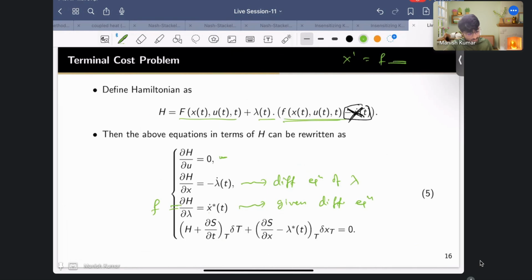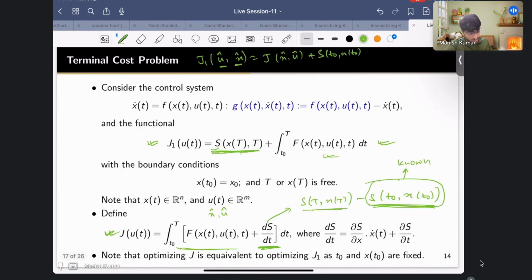This star is just representing the optimal one, so you don't have to worry about this star. You can forget this star maybe. When you solve this, you will get the optimal one. So this is the given differential equation. Sorry, this is the differential equation of lambda that you will obtain, and this will give you the value of lambda in terms of u, right?